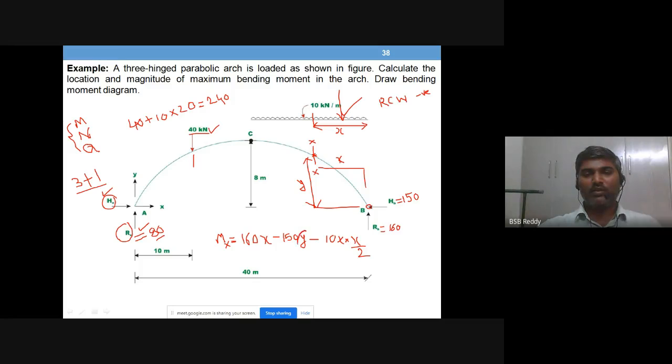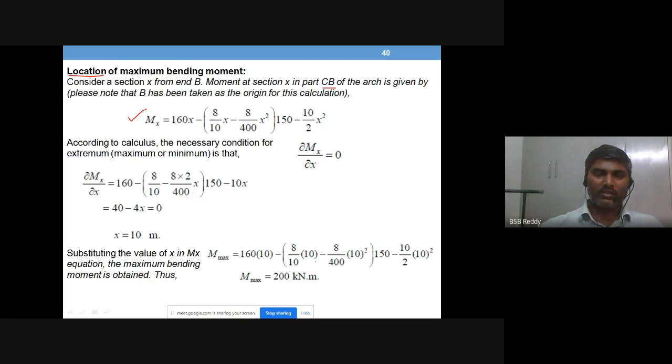So what you will do now, replace for y. What is y? Okay, so that is what you observe even in the equation here. Now you see 160 into x minus 150 into y minus 10 into x by 2, 10 into x square by 2.